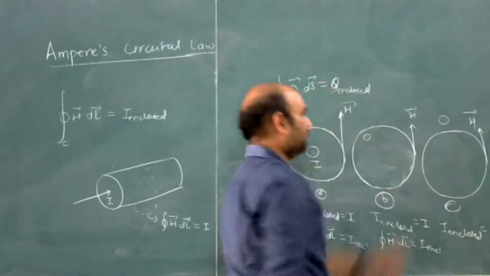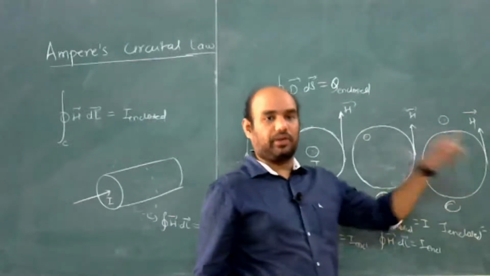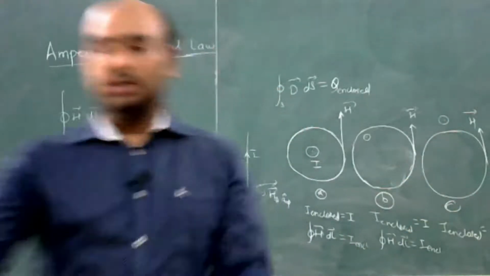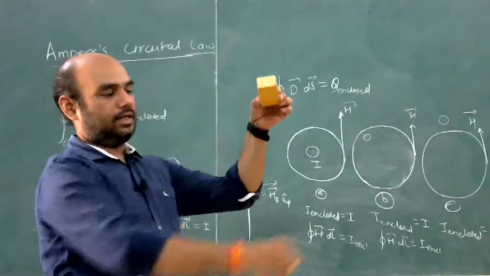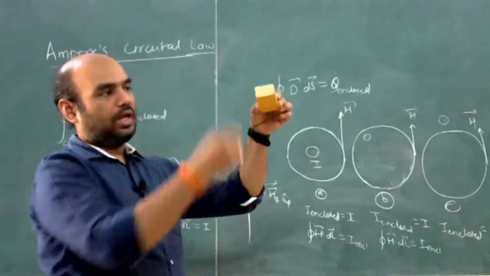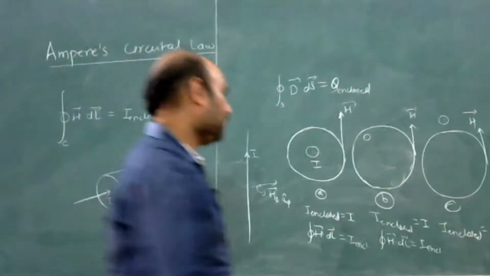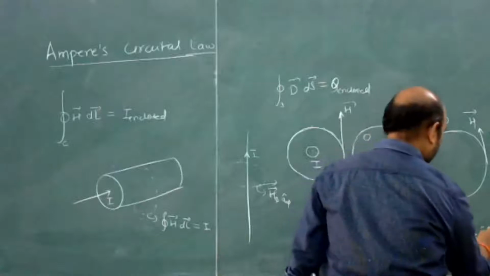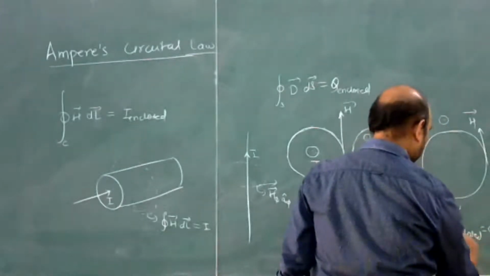In this case, the conductor is outside the loop we are considering. Here is our current carrying conductor, and we are taking a closed loop which is not enclosing this current carrying conductor. So the current I enclosed will be equal to 0, and H dot dl will be equal to 0.